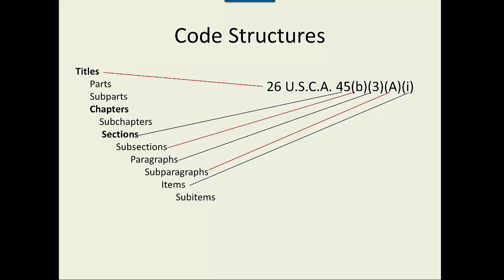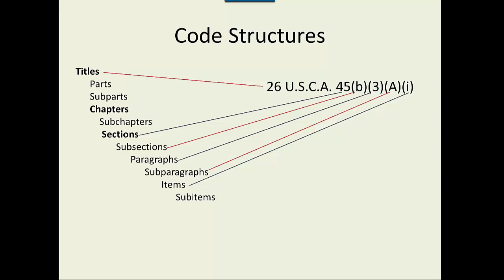Depending on the complexity of the statutory citation, they may use all or just a couple of these divisions. I've diagrammed for you how a section of the Internal Revenue Service Code would look if you were breaking it down by section and subsection.